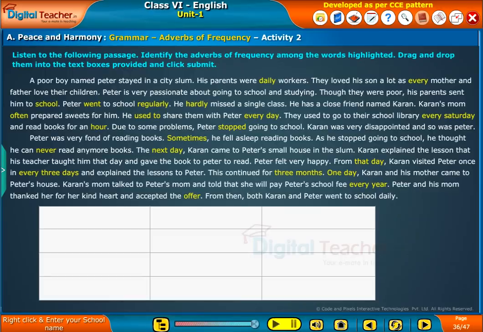Listen to the following passage, identify and type any 8 of the adverbs of frequency in the boxes given below and click Submit button.